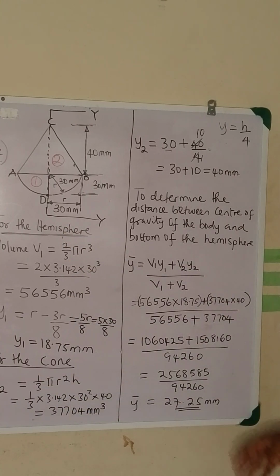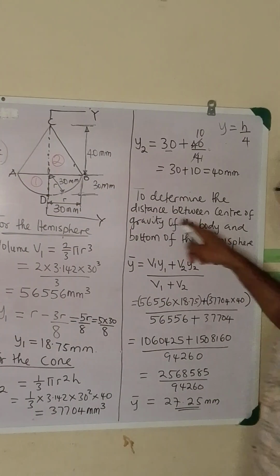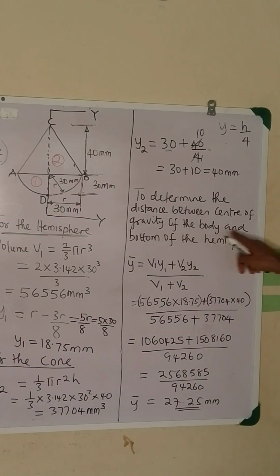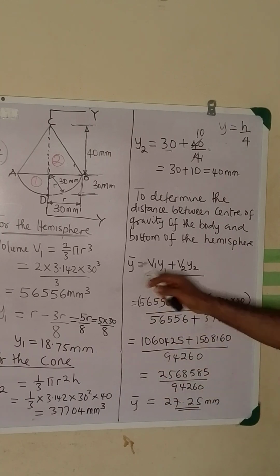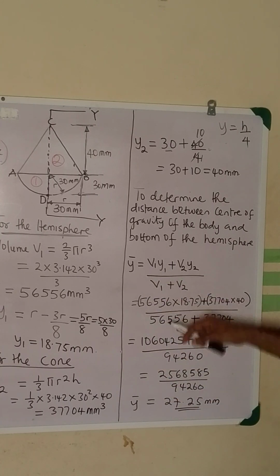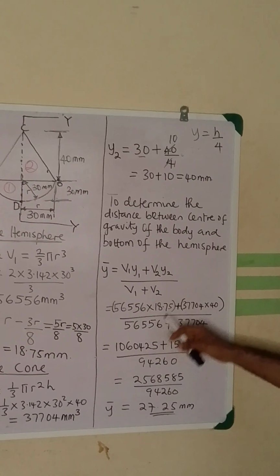And then we can now bring it together to find the centroid, to determine the distance between the center of gravity of the body and bottom of the hemisphere. So we use this formula. The centroid, the center of gravity, will be V1 y1 plus V2 y2 divided by V1 plus V2.